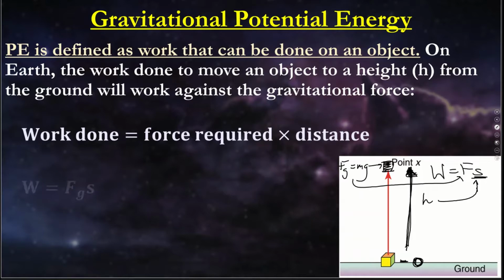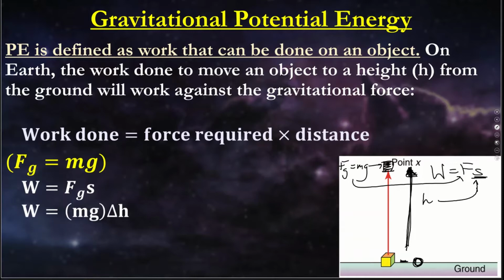So what we find is W equals Fg times S. We know that Fg is mg, so we substitute that in. We've included an additional point, and this point is called delta H. We have delta H here, and this represents the change in height.